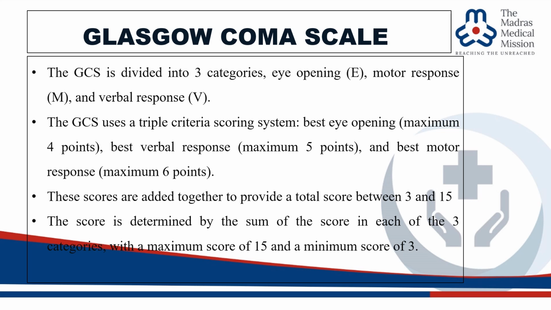These scores are added together to provide a total score between 3 and 15. The score is determined by the sum of the scores in each of the three categories, with a maximum score of 15 and a minimum score of 3.